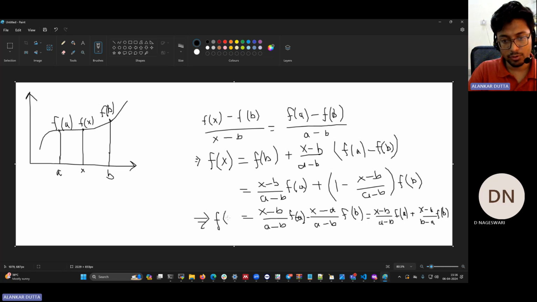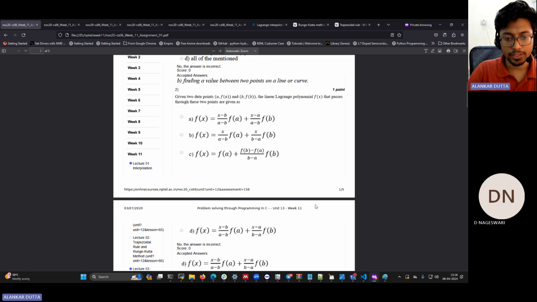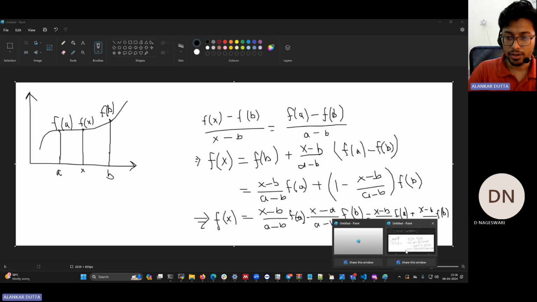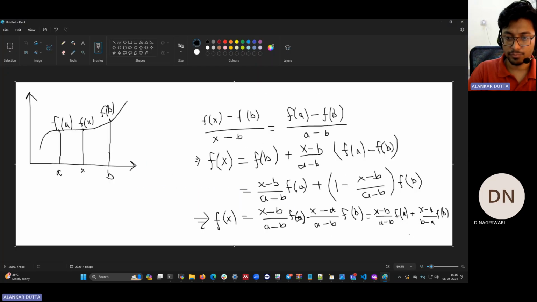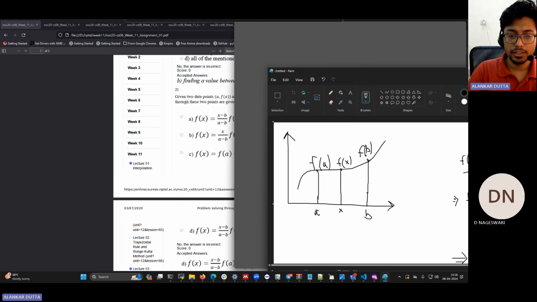So given a function which is defined at 2 points a and b, f(a) and f(b) are defined, and then you want to find out the value at x. This is the Lagrange interpolated function that I will be using for interpolating. And let's see which option matches this. As you can see, it's option D which matches (x minus b) by (a minus b). So you see (x minus b) over (a minus b) times f(a), that's exactly what we are getting in here.